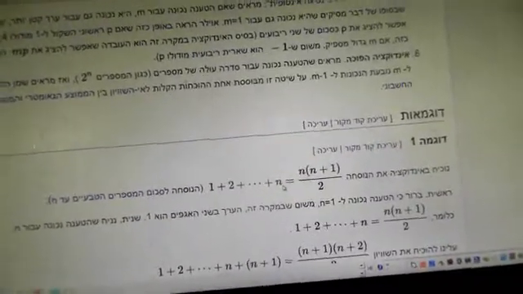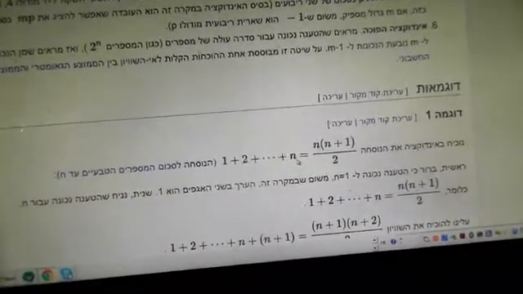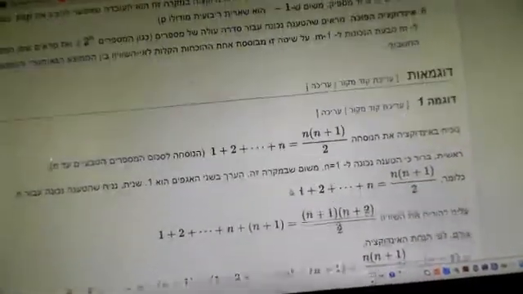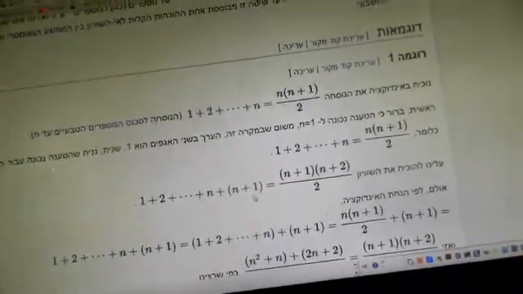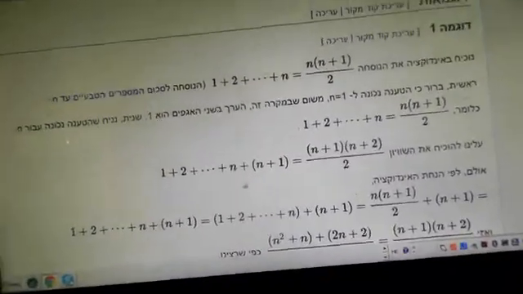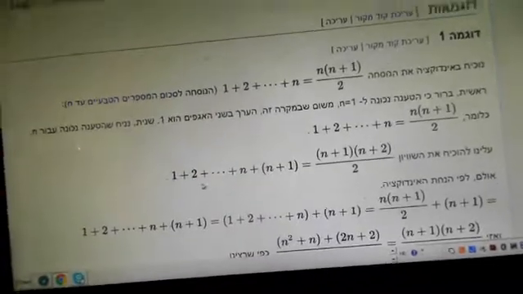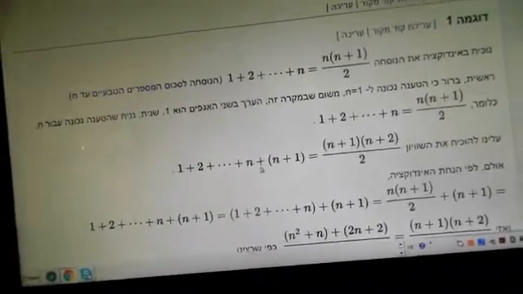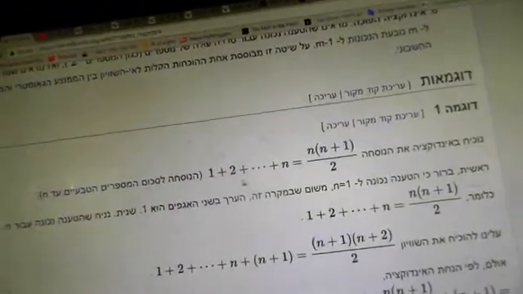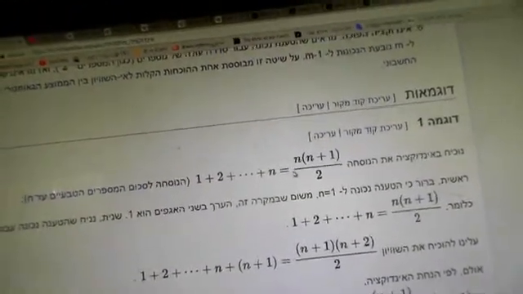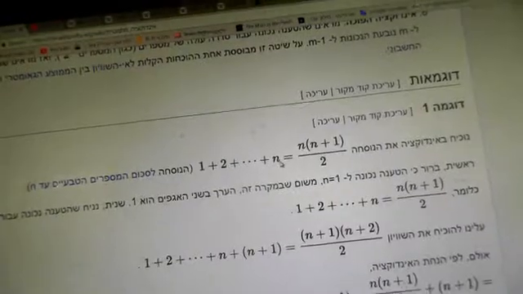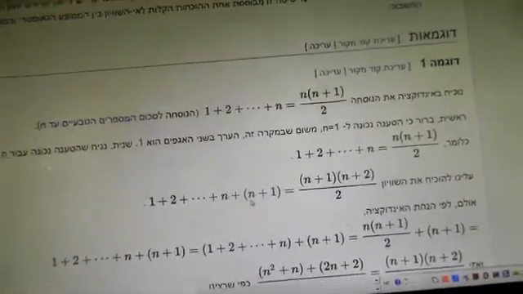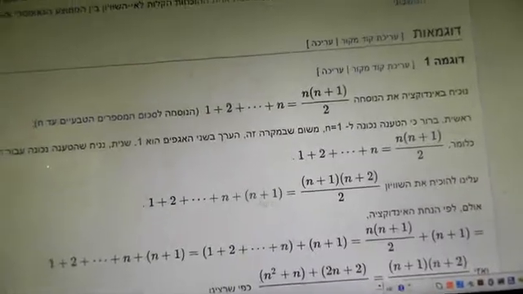That is the inductive step. We saw also that we have already proved that if we assume that this equation is true for n, then it is true also for n plus 1.